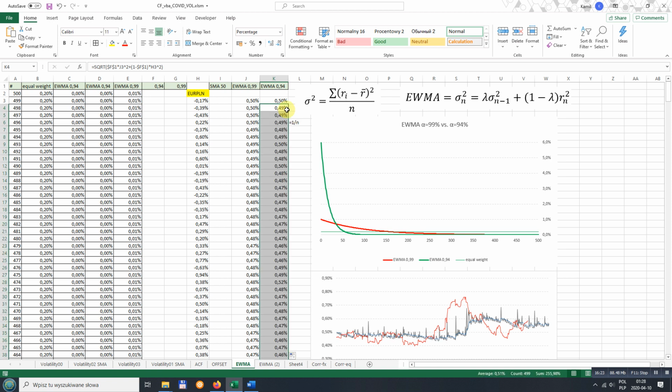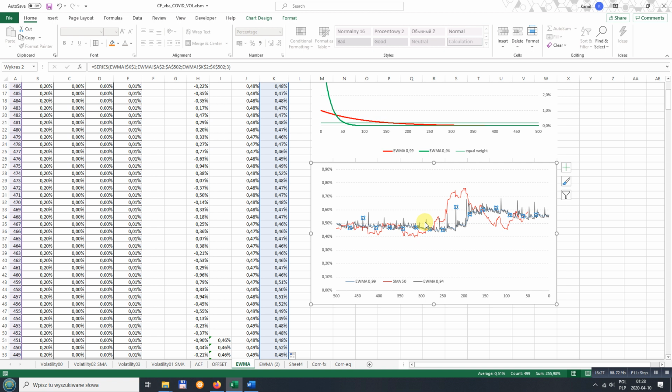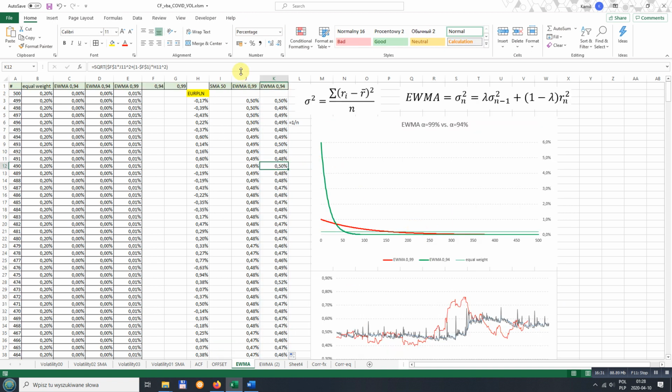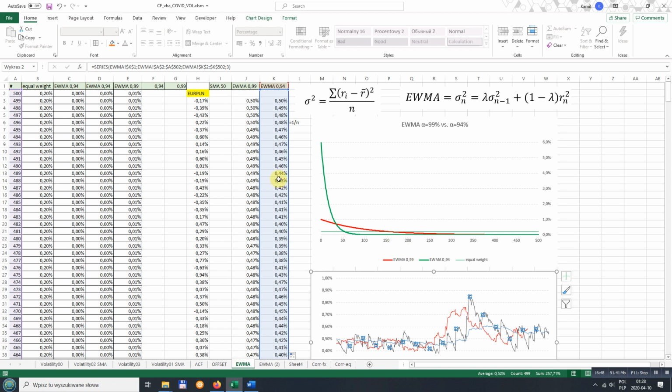Sorry, let's start here. It didn't look quite like what I expected. So this would be our exponentially weighted moving average for the daily volatility of the rate of returns of the euro versus PLN currency price.